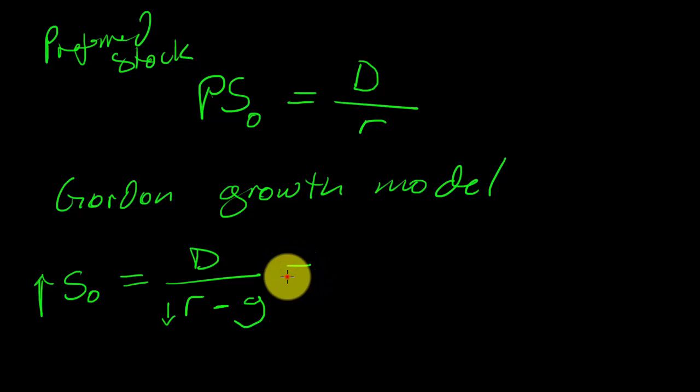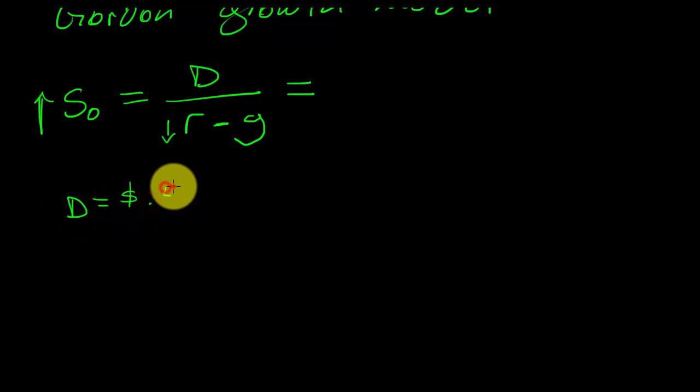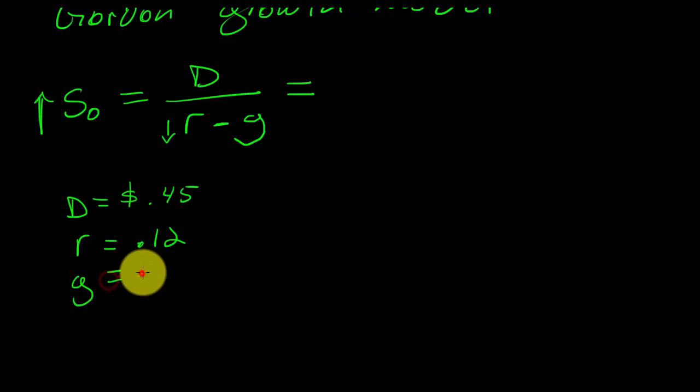Okay, so let's do a quick example. Let's pretend that we have a company that has a dividend of, I don't know, 45 cents per quarter, or 45 cents. Let's do this annually for now, just to keep it nice and simple. The R of the entire market is 12%, and this company is growing at a rate of 3%, which makes it that much faster.